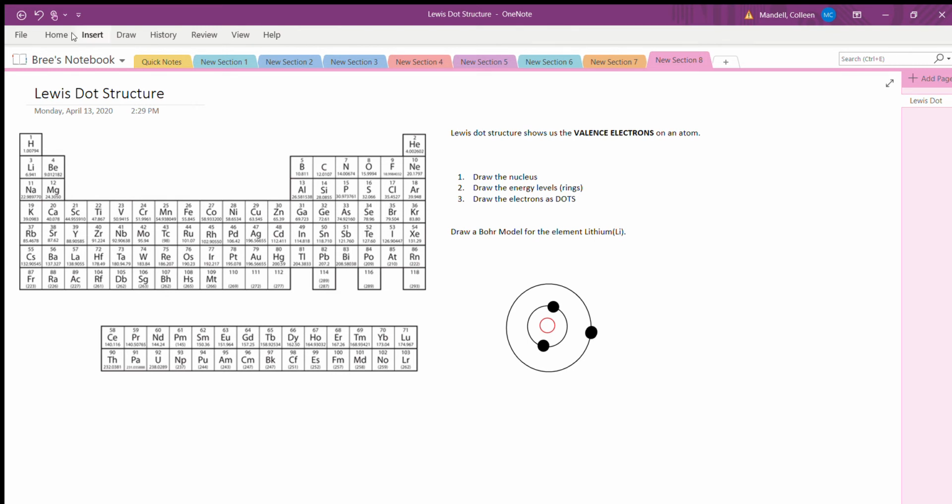So here is how we make a Lewis dot structure. It's really, really straightforward. Are you ready? We're going to write the atomic symbol, which for lithium is Li. Make it bigger.